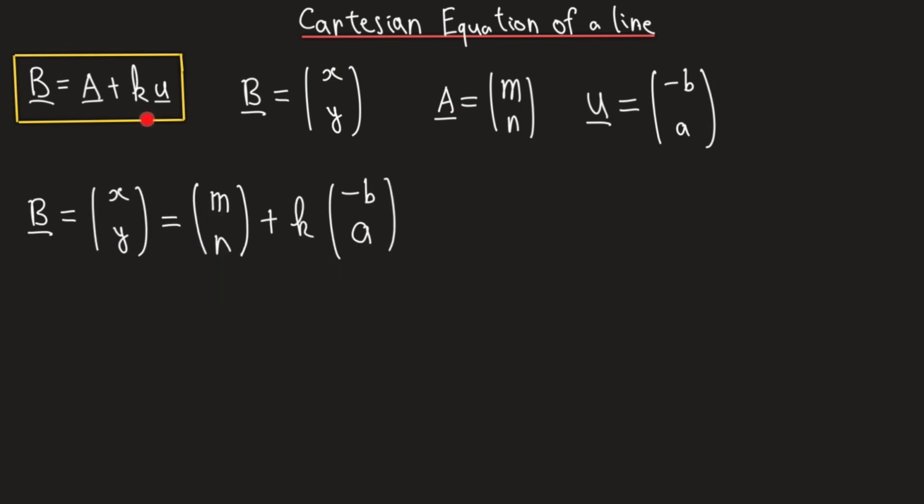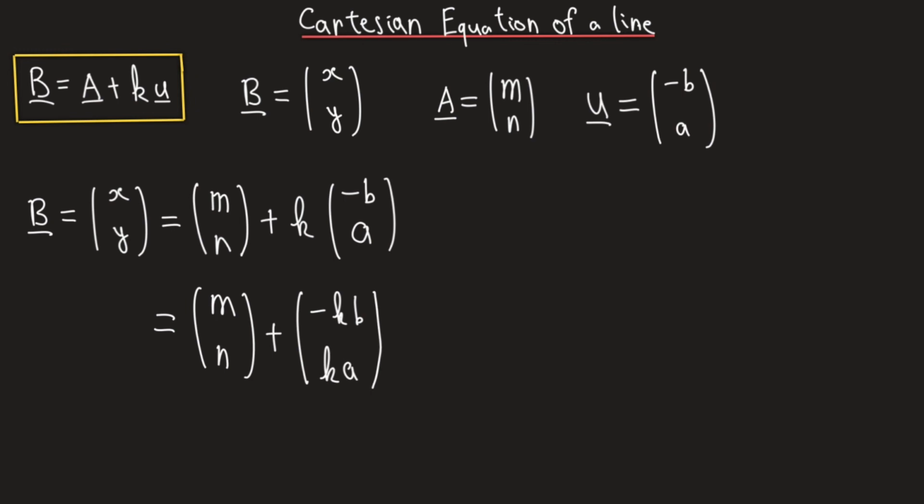If k gets multiplied by our vector u, it means that each coordinate of our vector gets multiplied by the scalar k. Therefore, we can rewrite our expression for b as minus kb, plus ka, so positive ka.